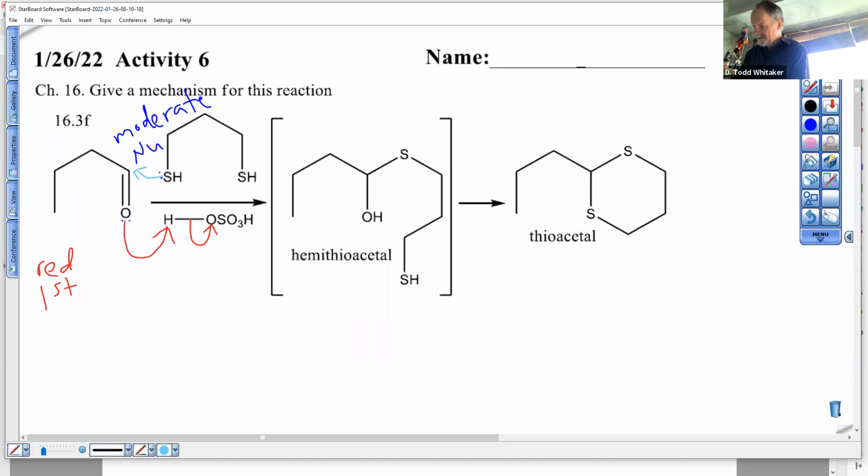Attacks the carbon. Pi resonates. You want to get greedy? Why not? You're going to generate the base during this.